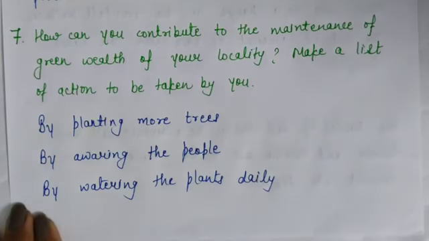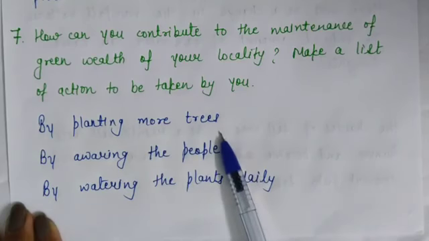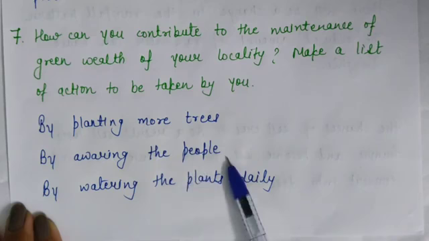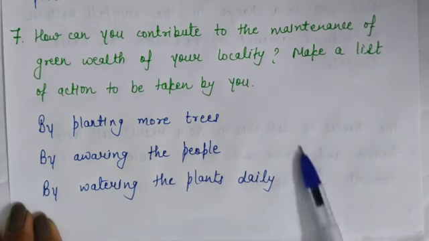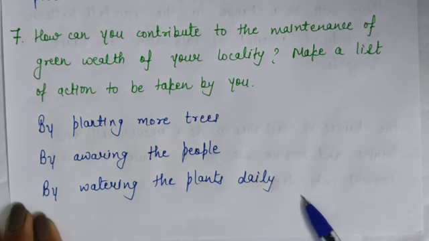You can write this answer in your own language. So the answer is by planting more trees, by making people aware, and by watering the plants daily. So these are some actions which should be taken for maintaining the green wealth of our locality.